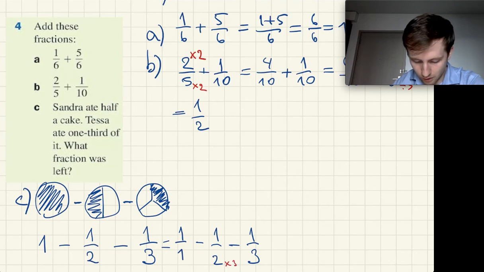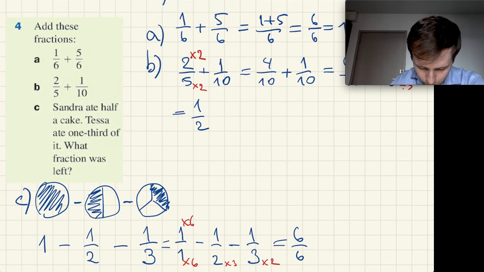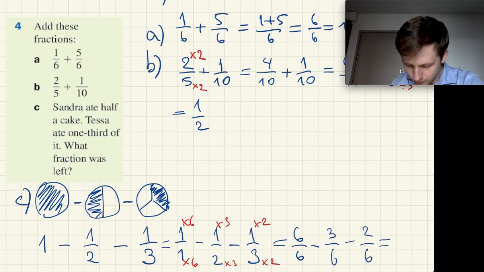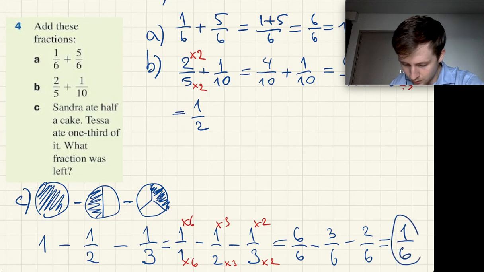It's going to be 6. So we get 6 over 6 minus 3 over 6 minus 2 over 6, which is equal to 1 over 6, which is our answer to this question.